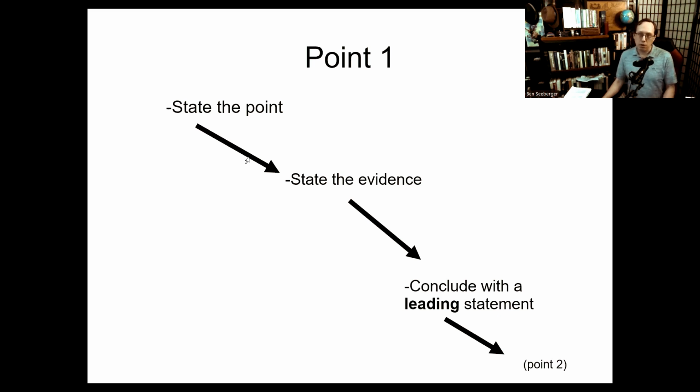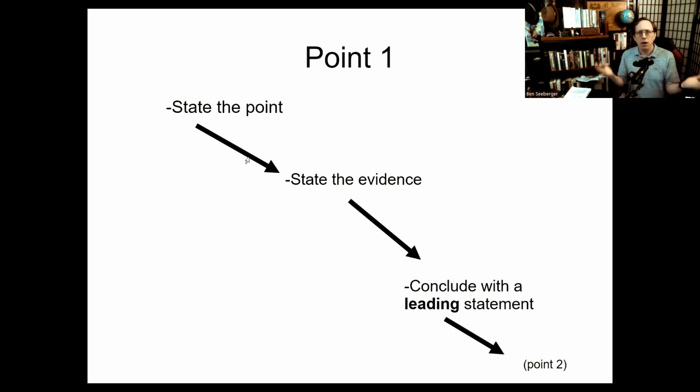Once you have finished your hook, thesis, and outline, in your next section, you move on to the meat of your content, your points. In the STAR model, there will be three main points. As you saw in the diagram, each point is related somehow to the thesis. Generally, each of your points supports your thesis, although this isn't necessary for all types of writing with regard to all of your points.